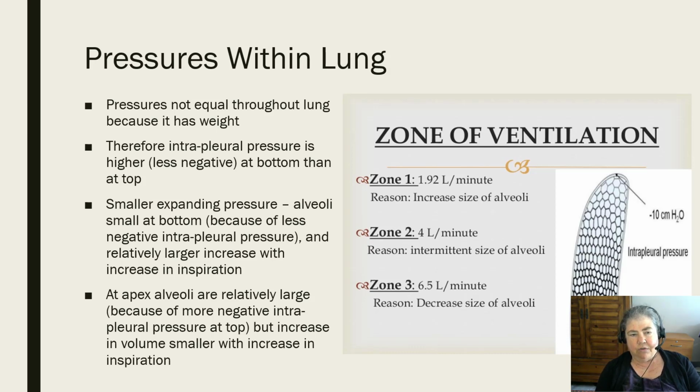And the opposite is true at the top: at the apex, while the alveoli are a little bit larger because the intrapleural pressures are a little bit more negative, when you inhale, because they start larger, their increase in volume is smaller during inspiration. So we move considerably more air in zone 3 with the smaller alveoli, even though the pressure is less negative.